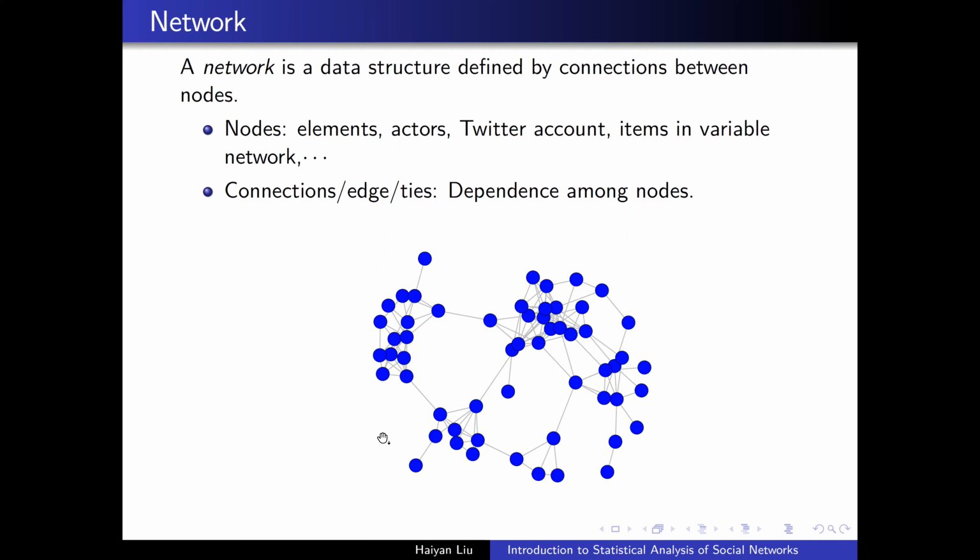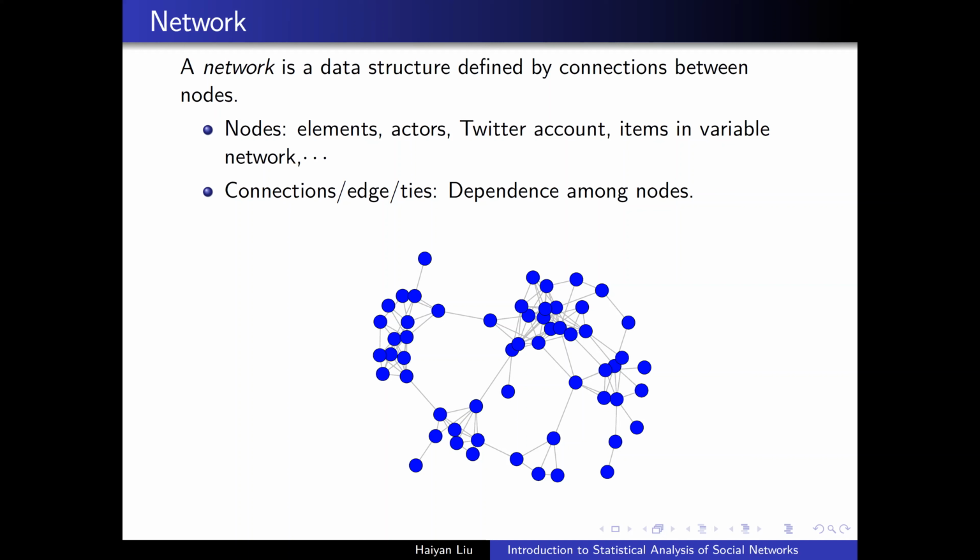So this is an example of a network, and there are bubbles. Those blue bubbles are nodes. And we also have gray edges connecting two nodes. Those are connections. Sometimes we also call them ties. Now, bubbles or nodes in a network usually represent some element or some social actors or some like Twitter account.